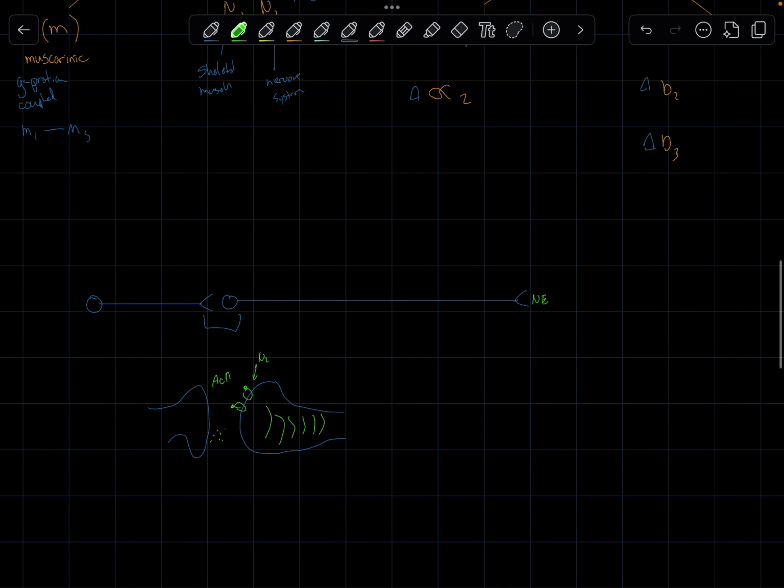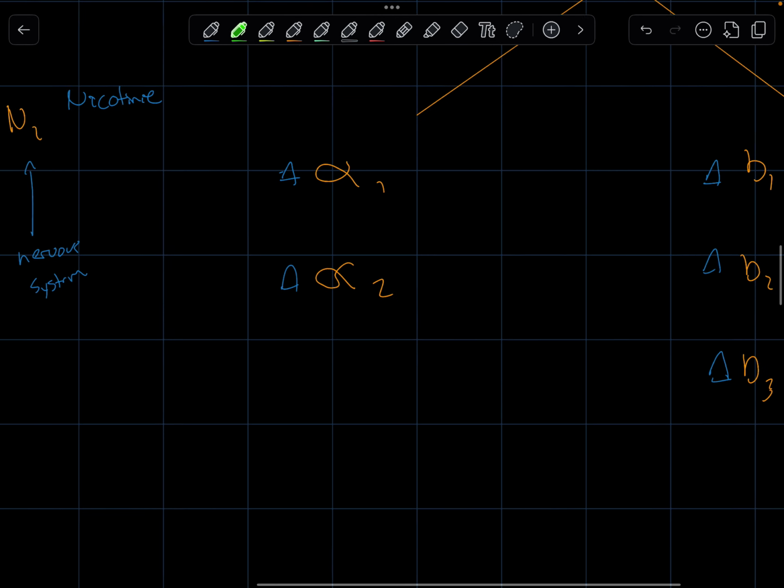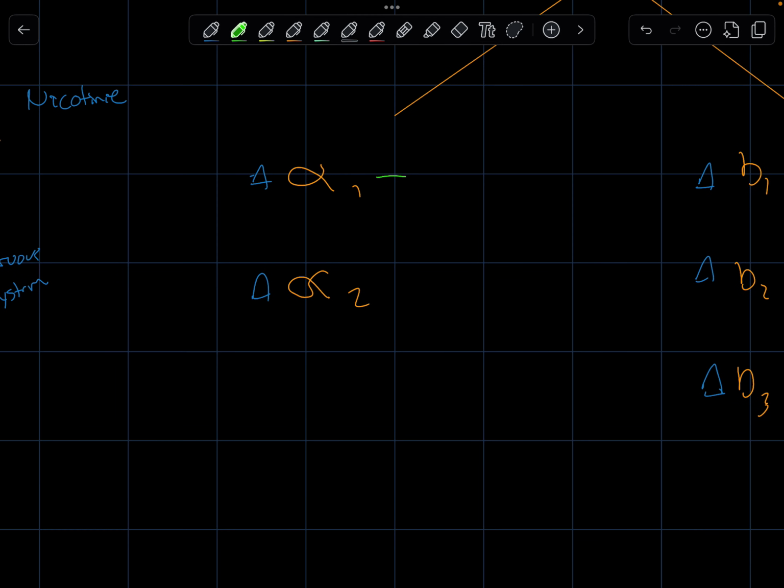So release norepinephrine. Okay, and what that does to alpha 1 is going to actually increase our IP3. And IP3 basically just releases calcium, so it allows for contractions. And that means that our eyes will dilate, and our blood vessels will actually contract.